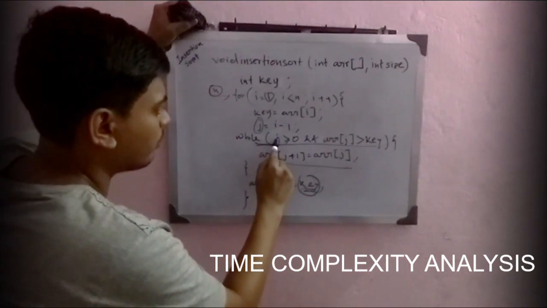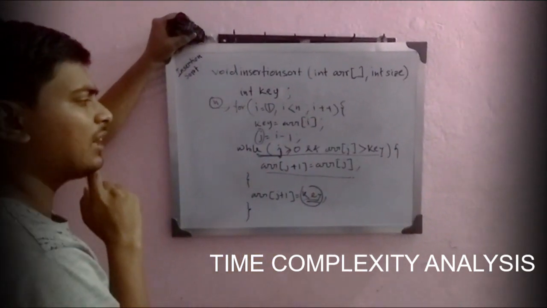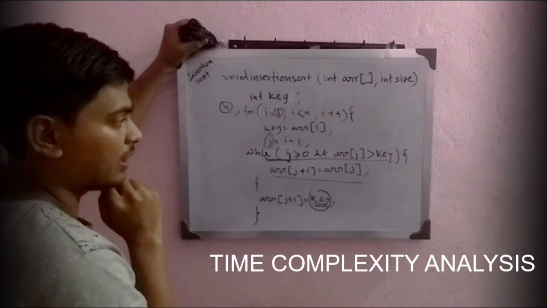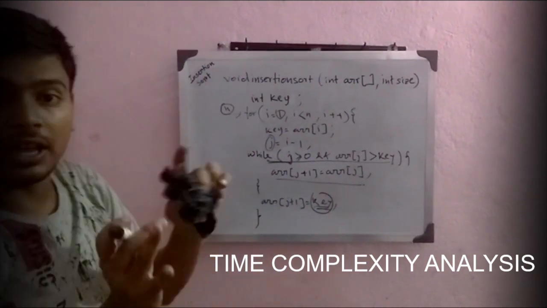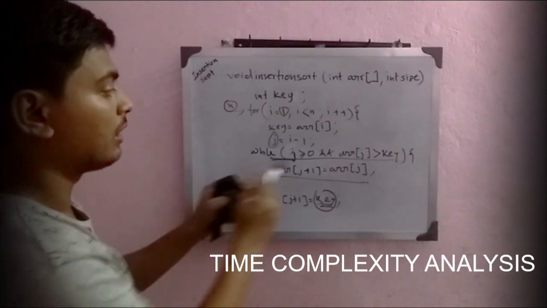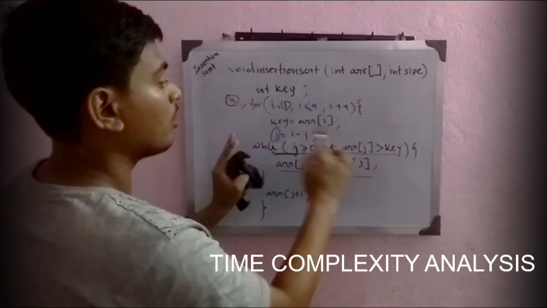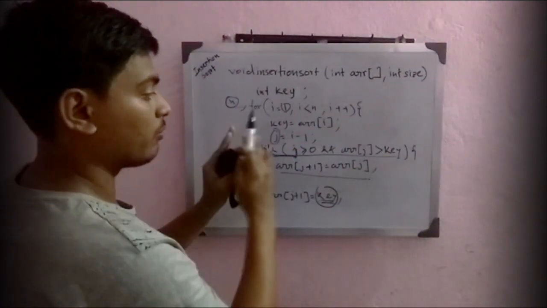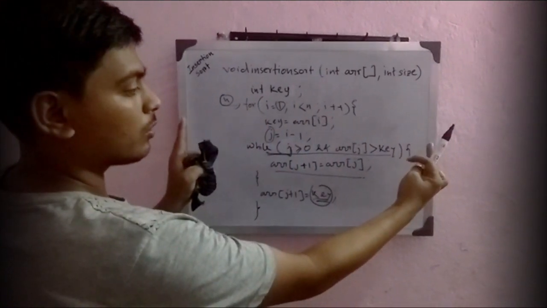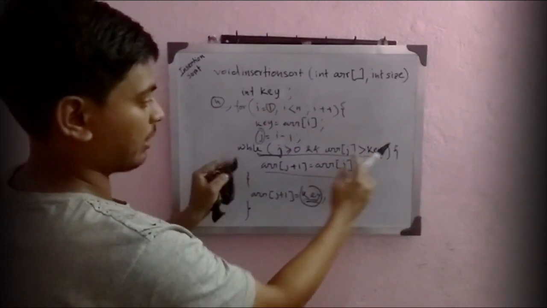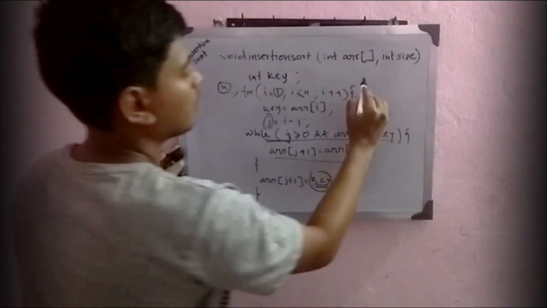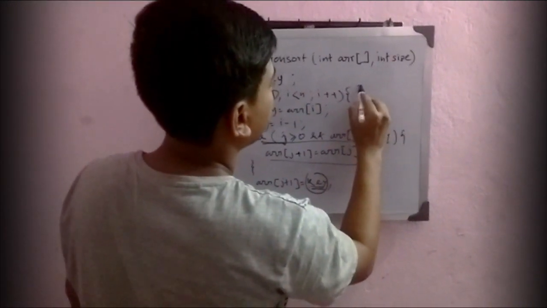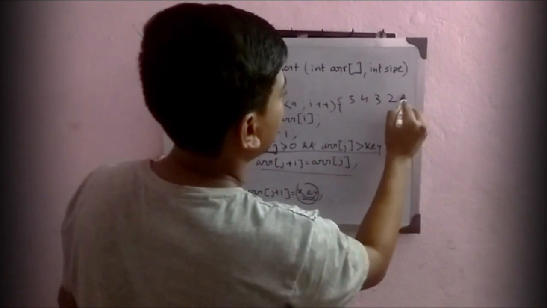This loop might not take n times, but if we have the elements in reverse order, then we have to go through the whole array. Suppose my elements are 5 4 3 2 1.